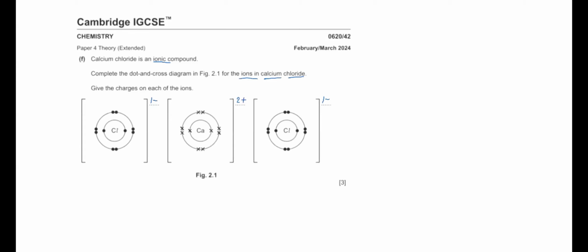Now, see what to draw here. Chlorine has atomic number 17. So after gaining 1 electron, there must be 18 electrons, that is 2, 8, 8. So we must draw a circle outside and draw the electrons as well.